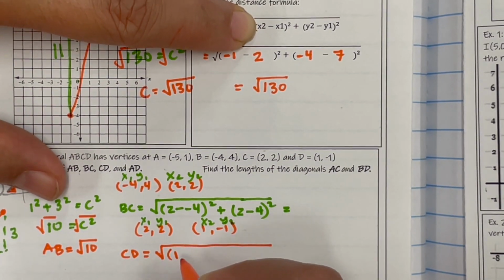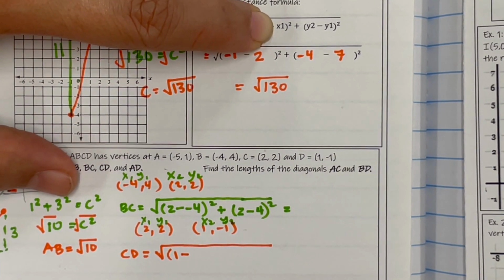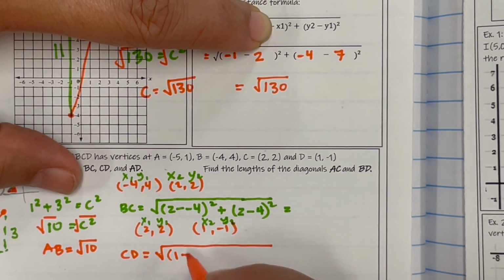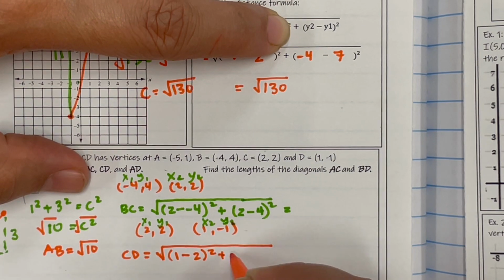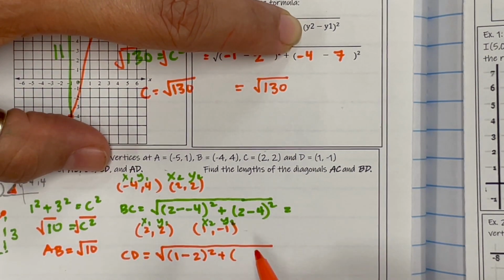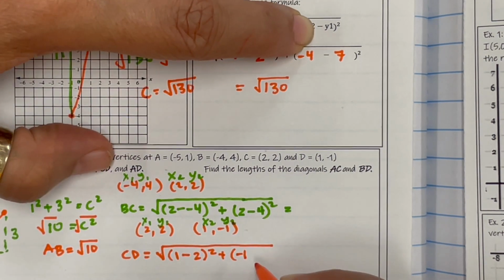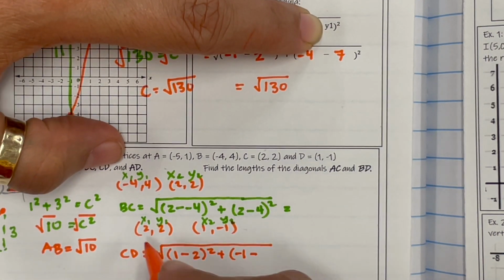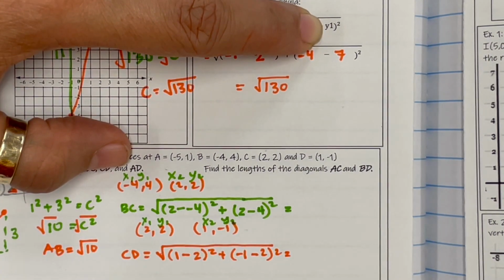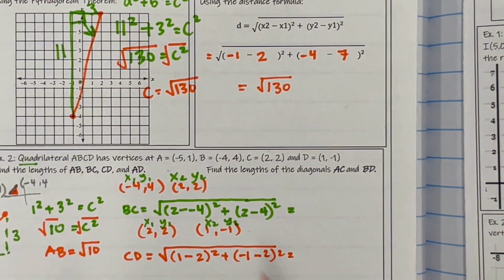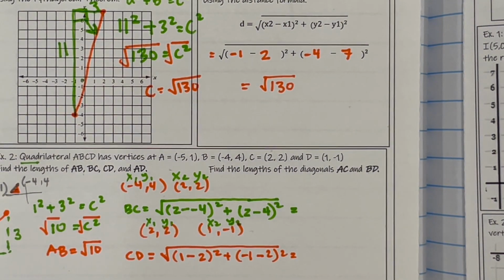Yep, 1, then a minus sign, then x1. What's x1? 2, then squared, then a plus sign, then y2. What's y2? -1, then minus y1. What's y1? 2 squared. And you're really going to just stick that right into the calculator, okay? We'll do the last one and then we'll stick it all into the calculator.